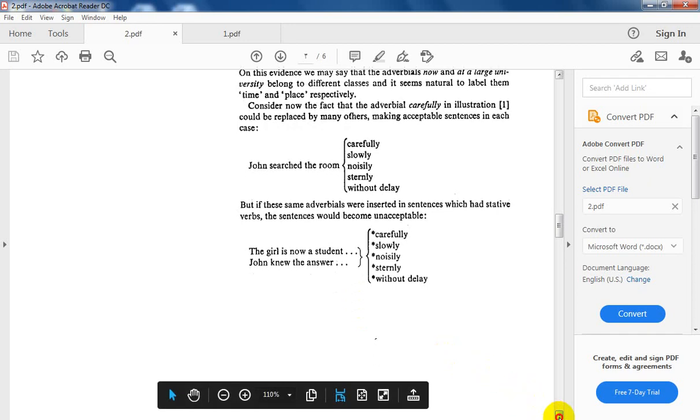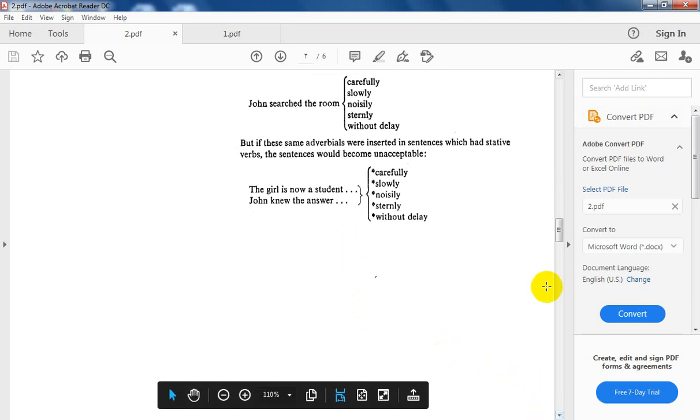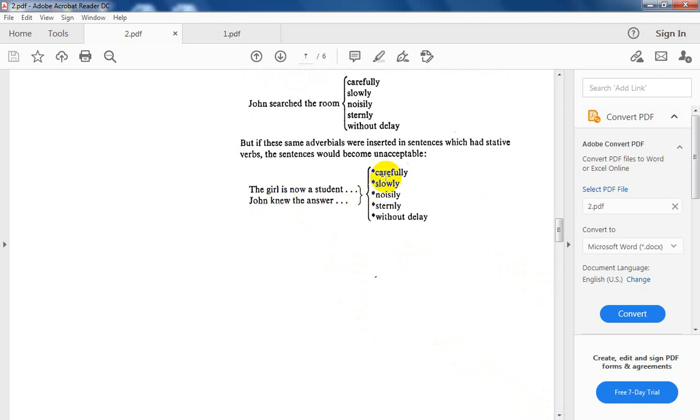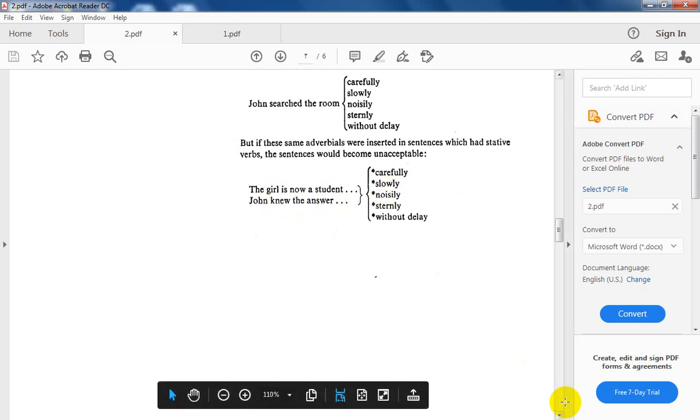So why is this sentence ungrammatical? Because the verb is stative and carefully, such a type of adverbial, should be with a dynamic verb. Now I cannot have a stative verb with a dynamic adverb. No stative verb with a dynamic adverb. Okay, this is the process.